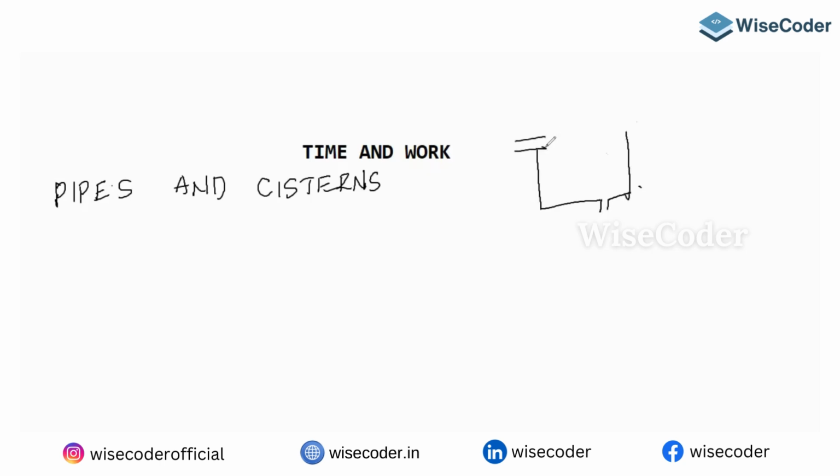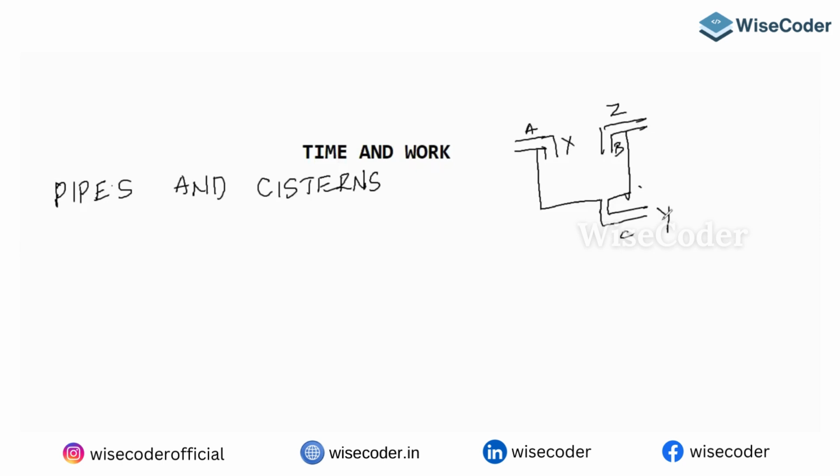Pipe A is filling, pipe C is emptying, and let's say there is another pipe B. Pipe A is taking X minutes to fill. Pipe B is taking Z minutes to fill.